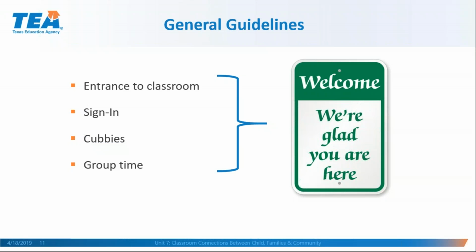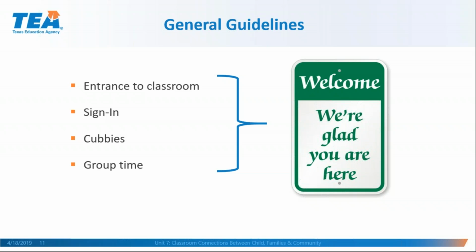When you are entering a classroom, I've listed 4 items on the right-hand side of this slide. The entrance to the classroom, the signing in of the child, the cubbies, even the initial group time. Those are all things that are mostly done at the very beginning of school.